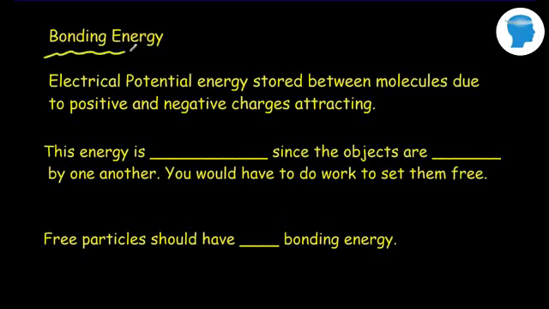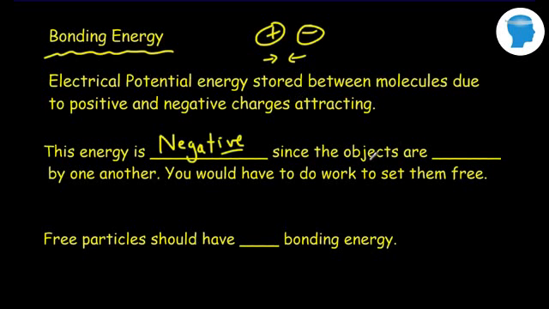Bonding energy is the electrical potential energy stored between molecules due to the positive and negative charges that attract each other. There's an attractive force pulling those charges together, and that energy is going to be negative because those two objects are trapped by one another.